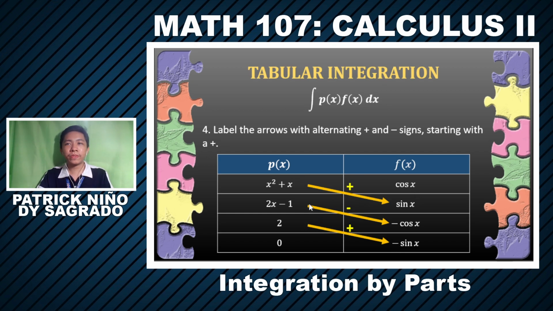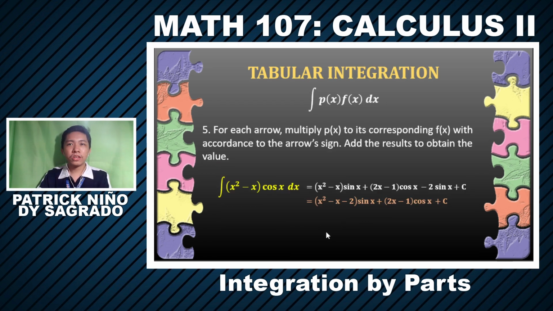So those are our three terms to remember. Step 5: from each arrow, multiply p of x by its corresponding f of x, which we did earlier, in accordance with the arrow sign. Add the results to obtain the value.